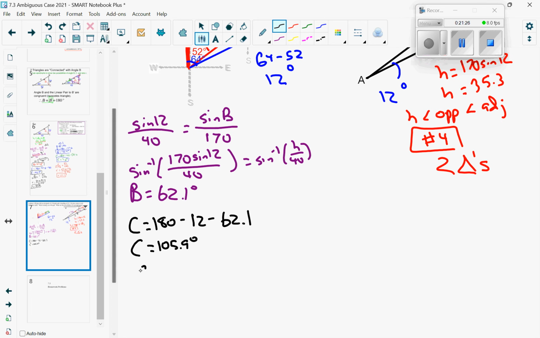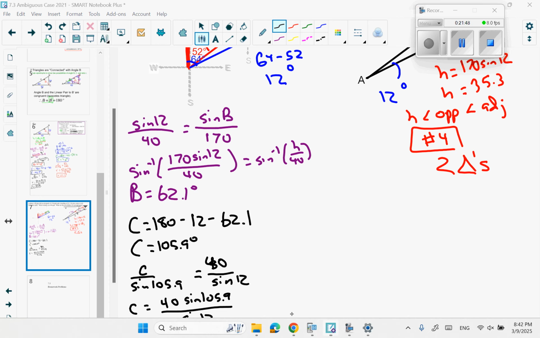So I get little c over sine of 105.9 equals 40 over sine 12. Multiply both sides by sine of 105.9, so little c equals 40 sine 105.9 all over sine of 12.